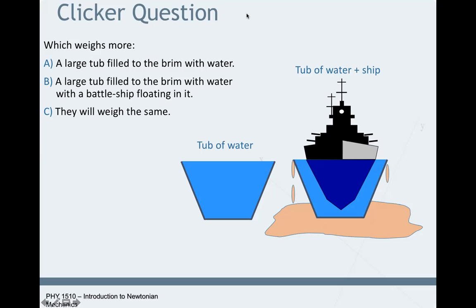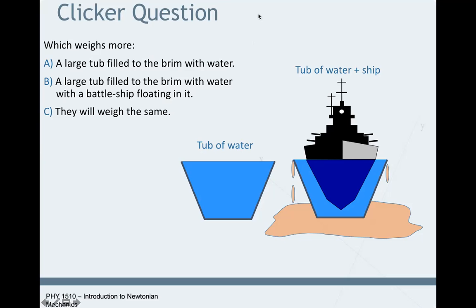Very good. The important thing to notice is that, yes, you need your battleship to not touch the bottom, because that will give us an equilibrium condition. So you can say the weight of the battleship is equal to the buoyant force that the battleship is feeling. That's one equation, right?